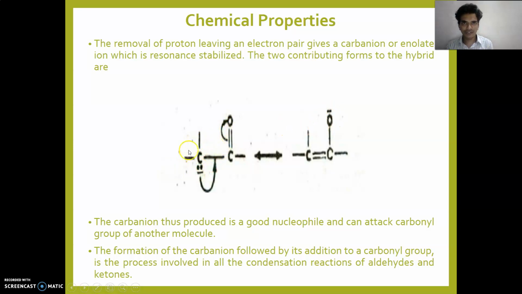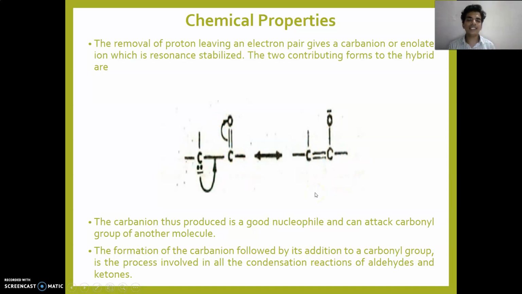So it is specifically a resonance stabilized form, meaning displacement of the electrons, that is, shifting of the electrons, takes place. Resonance is nothing but the transfer of the electron from one carbon to the next carbon atom, and there is a resonance stabilized form with two forms, the carbanion form and the enolate form.